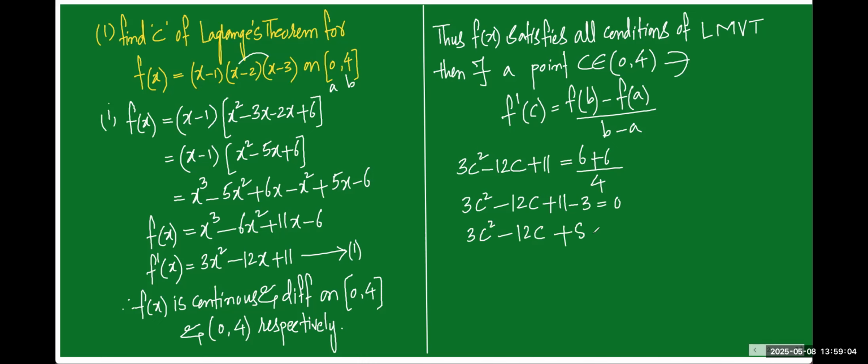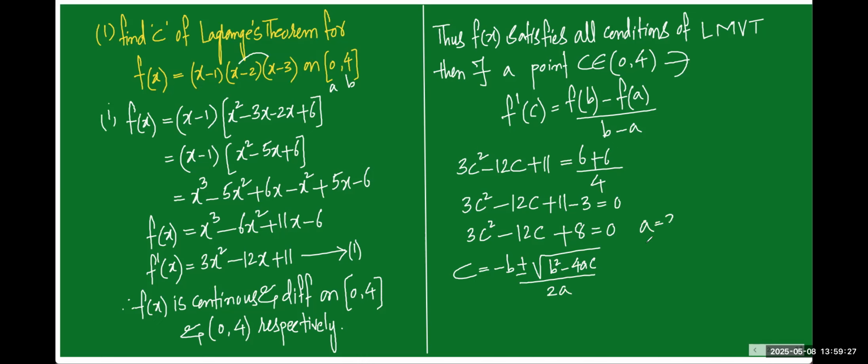Now we are getting a second degree equation, but we are unable to find out the factors. So we use the formula. C is equal to minus B plus minus under root B square minus 4AC by 2A. Here our A value is 3.